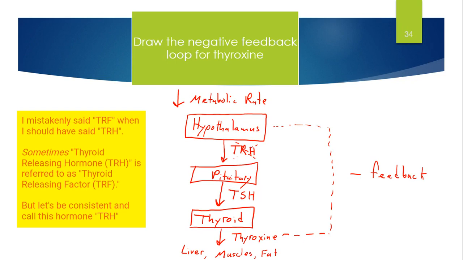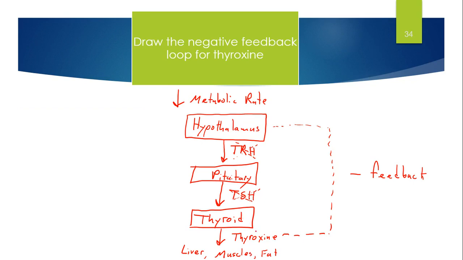TSH gets shut down, right? And once TSH gets shut down, then what happens? Thyroxine gets shut down. Okay? And that's negative feedback. So the release of thyroxine actually controls the release of thyroxine, by negatively feeding back to the original gland that was responsible for this whole cascade to begin with.